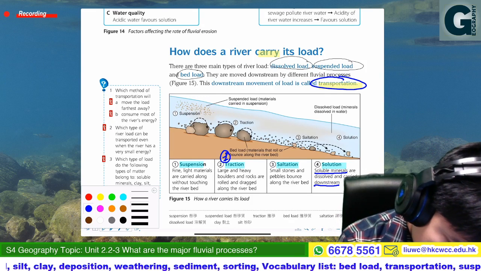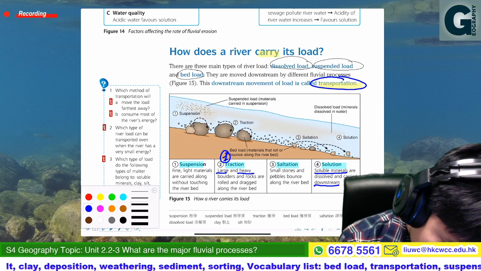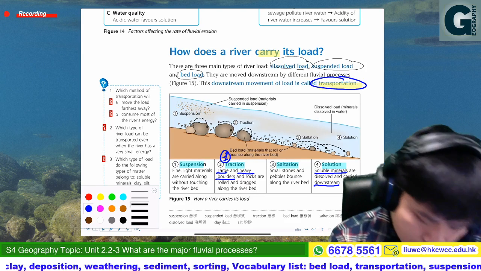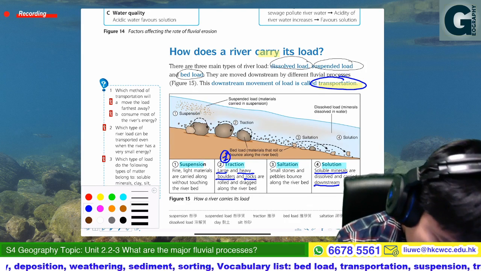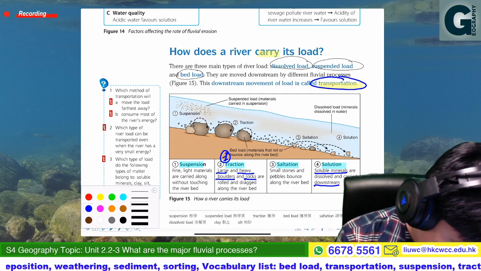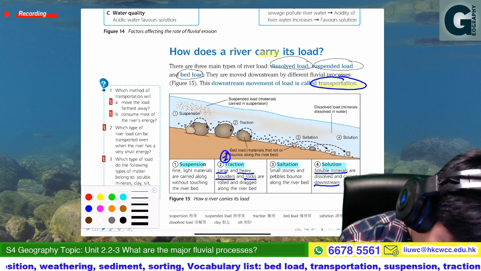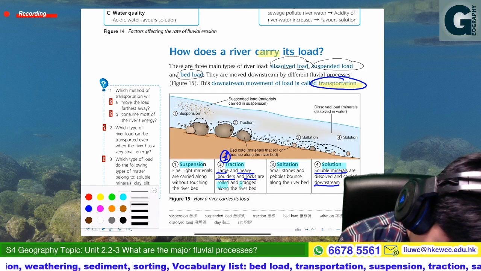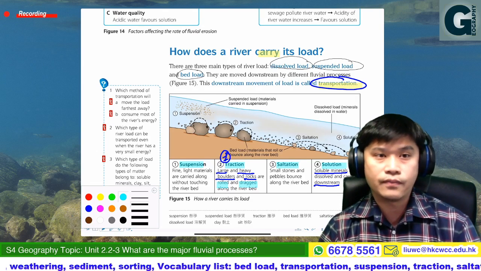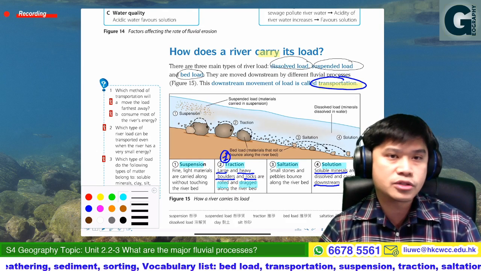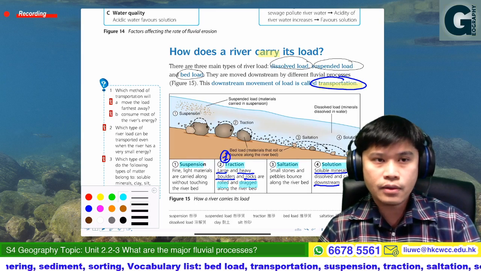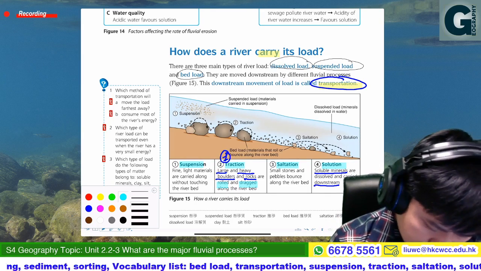So traction, what would traction be like? Traction means large and heavy boulders and rocks are rolled, so please highlight rolled, and dragged along the river. What does that mean?